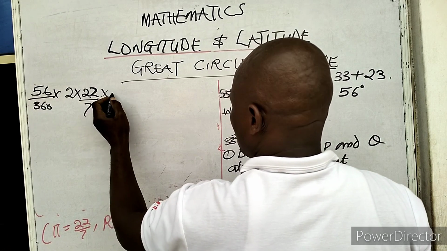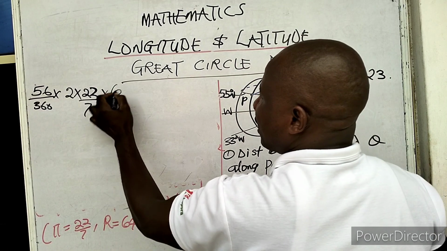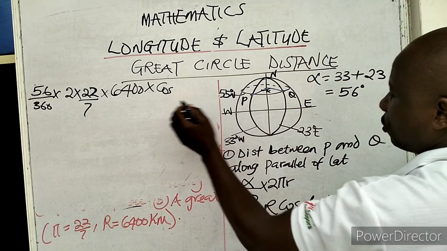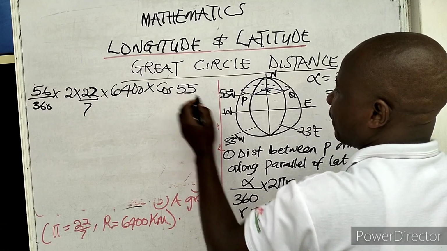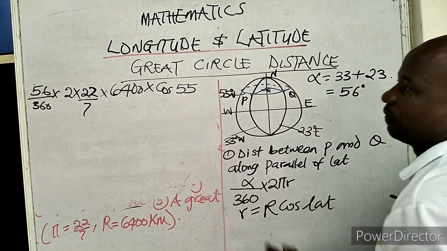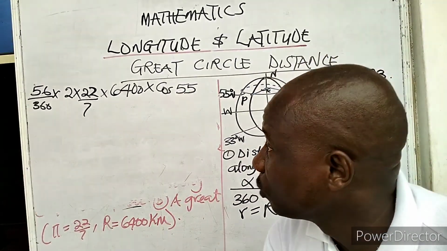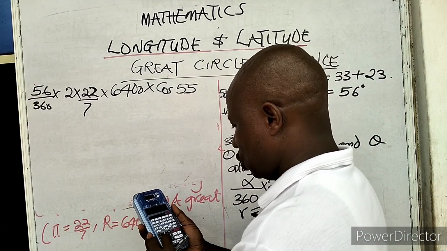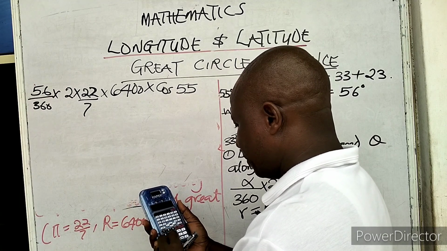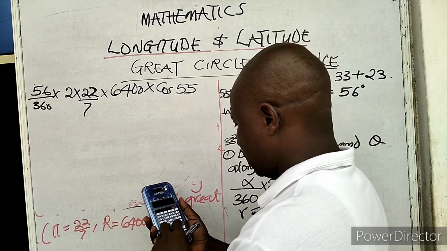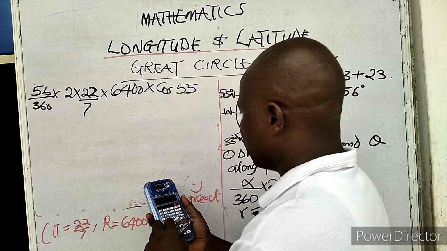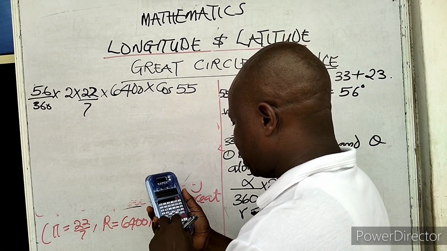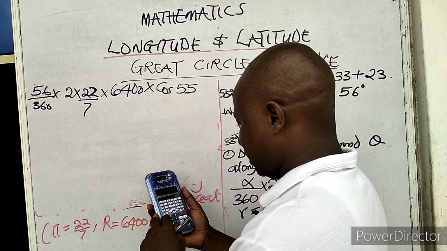What is our r now? Our big R, that's 6400 times cos latitude. What's the latitude? Cos 55. So now, if I want to punch it, I have 56 times 2 times 22 times 6400 times cos 55, divided by 360, divided by 7.